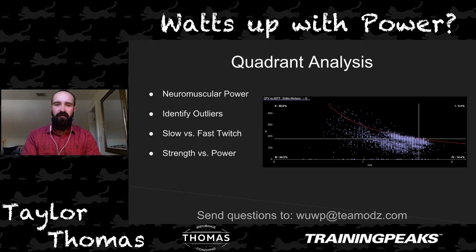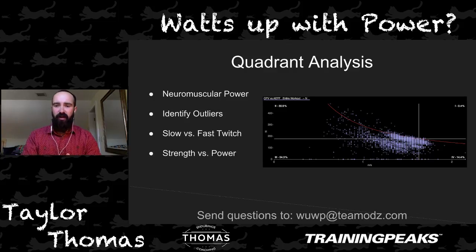to start. So what it can tell us about our performance on the bike, for one, is it gives us some insight into neuromuscular power. Neuromuscular function is very simply how fast, how strong, and how long a muscle can contract before it fatigues.